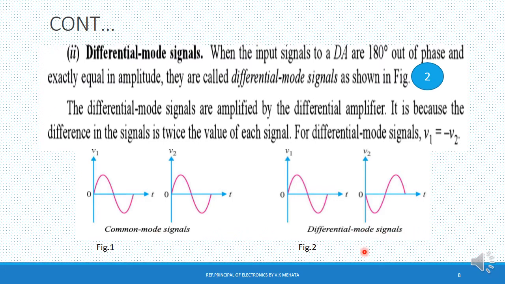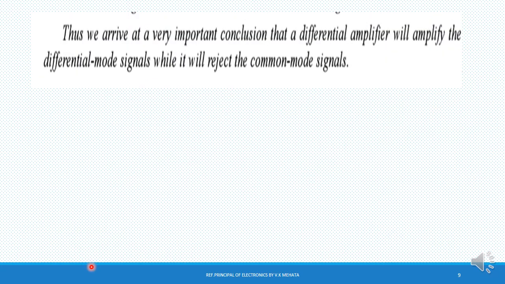Okay, now we will move once again to the definition of the CMRR. Before that we will once again revise. We arrive at a very important conclusion that a differential amplifier will amplify the differential mode signals while it rejects the common mode signals.